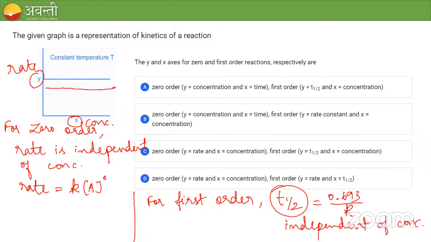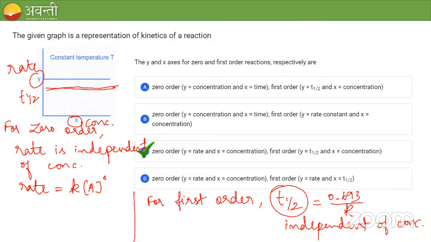If I keep the x-axis as concentration and the y-axis as T half, even if I increase the concentration, the T half is not going to change. It will remain as such. So the given graph is for option C. Yes, option C is the correct answer.